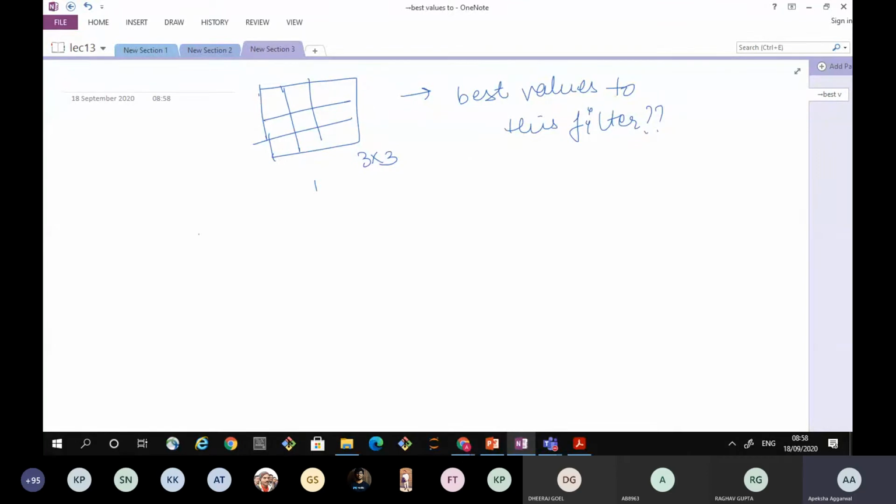Whatever I require from the image, it should identify that, right? So what if I learn these values from a neural network? This is basically a convolution neural network. What a convolution neural network does is it learns the weights, or you can call them parameters, of this filter.